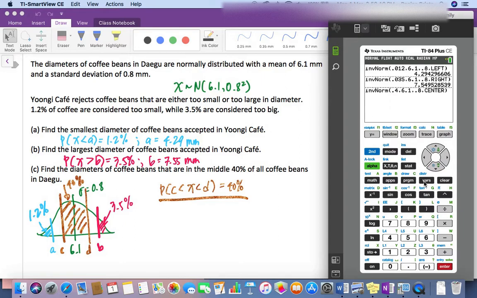This is going to provide two numbers which correspond to my C and my D in my diagram. C is 5.68 and D is 6.52. That means the middle 40% of the diameters range from 5.68 to 6.52 millimeters.